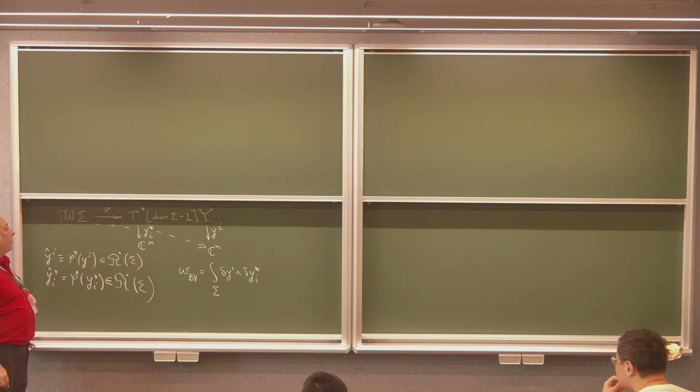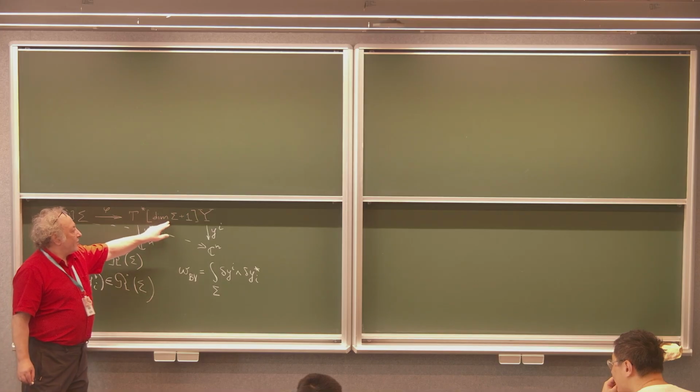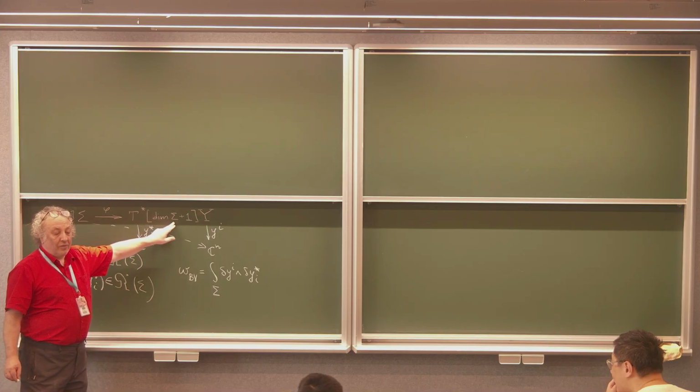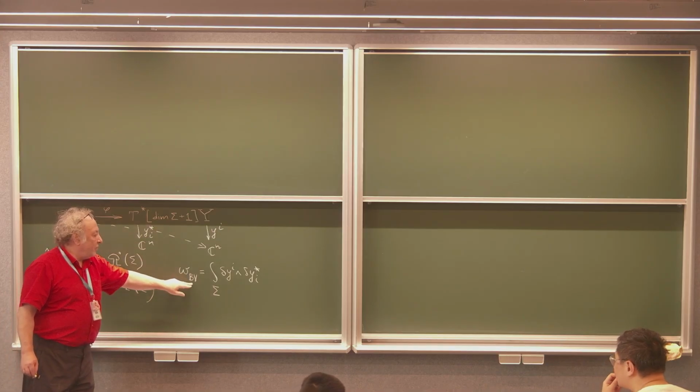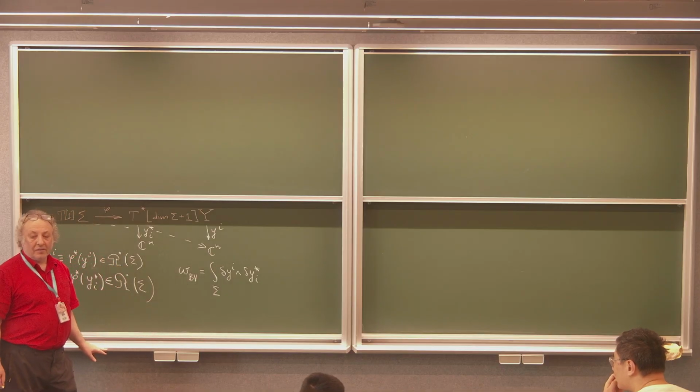And here we know why we have this strange change of parity. We want omega BV to be an odd symplectic form.